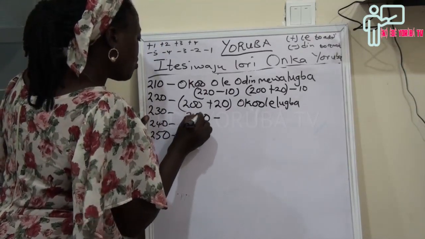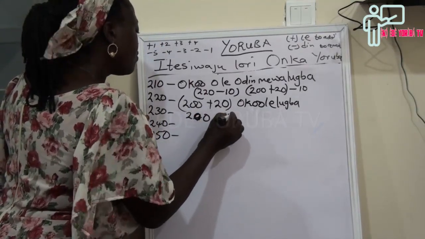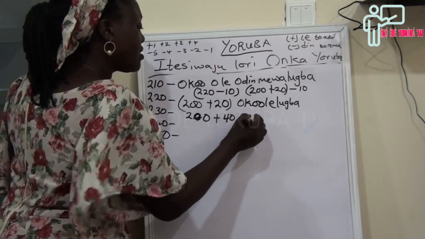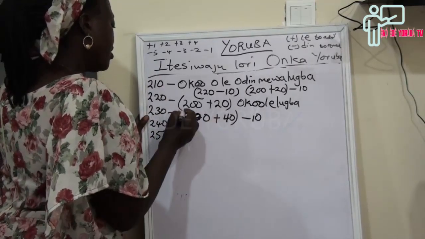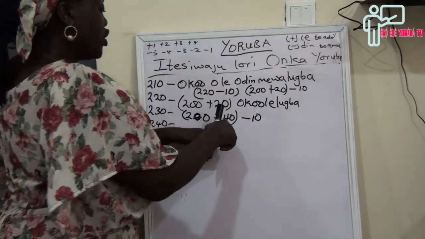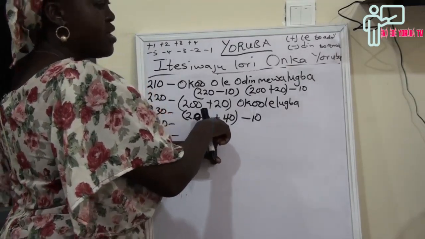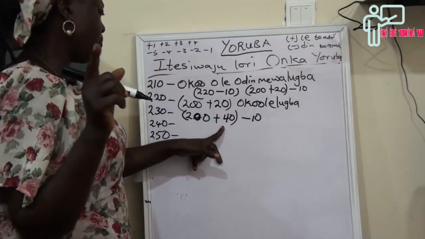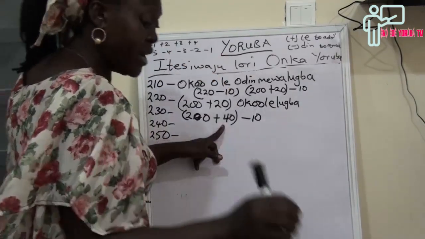Let's first write 200 plus 40, plus 40 minus 10. What is the meaning? That is òjì. We call this one òjì, 40. Ogún méjì.